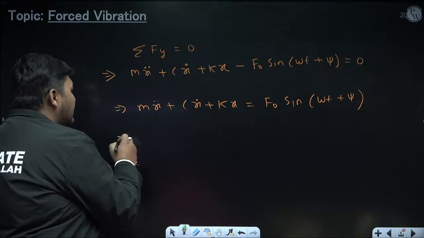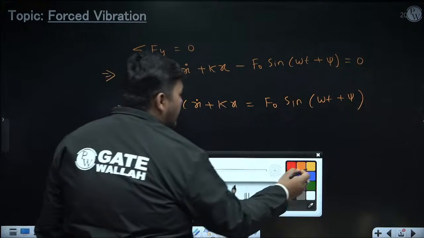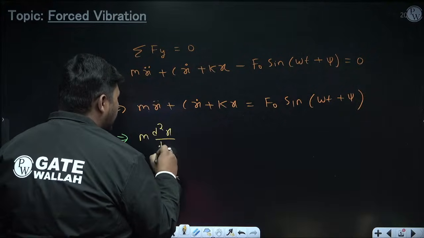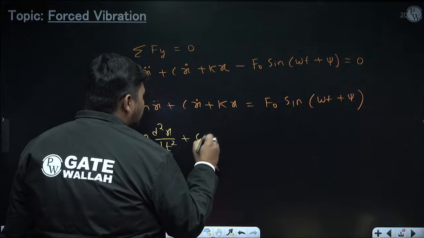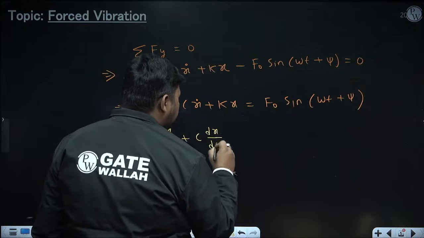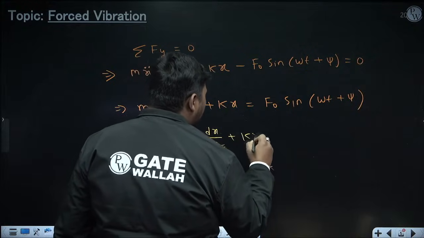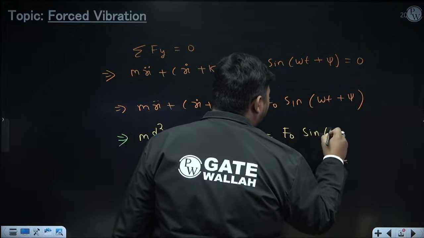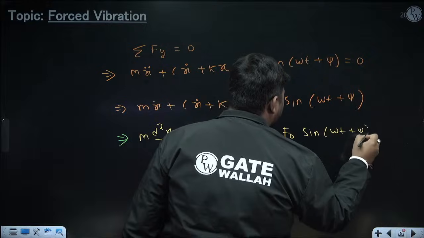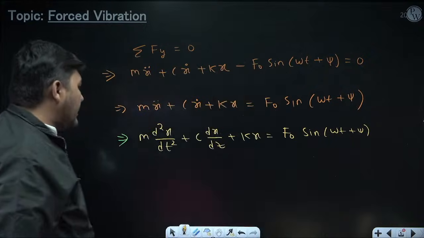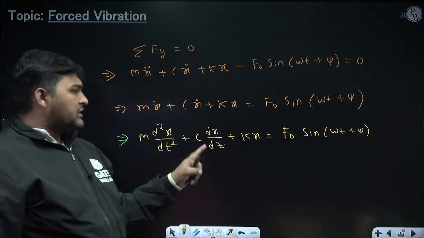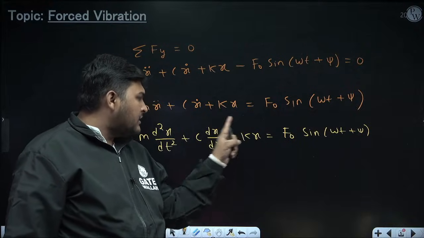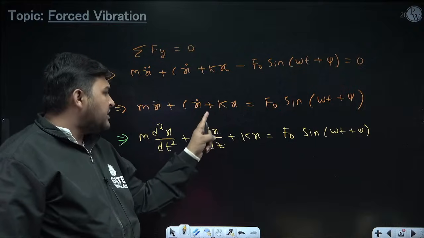It is a second order linear differential equation. You can write x double dot as d square x by dt square, plus c x dot as c dx by dt, plus kx equal to some function of the independent variable, which is f naught sine omega t plus psi. It is a second order linear differential equation because the power of the dependent variable x is 1, and the power of each differential coefficient is also 1.